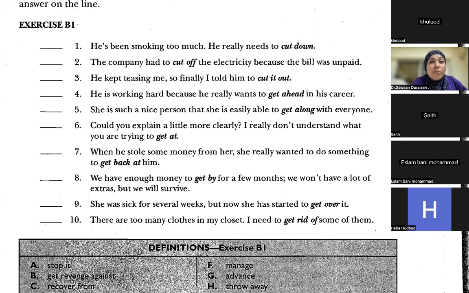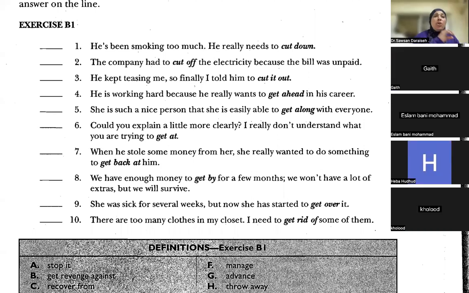All right, cut something out means remove it from here. And that would be a literal phrasal verb. It will mean something else, totally something else. It won't be this kind of phrasal verb. It will be related to something else, all right? Anyway, number 4.